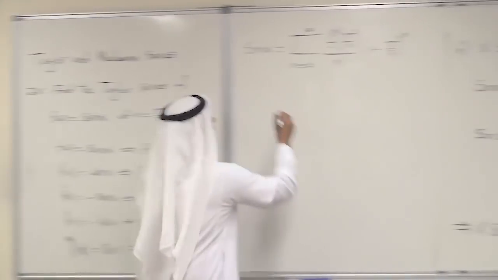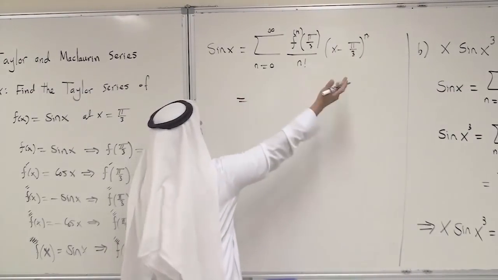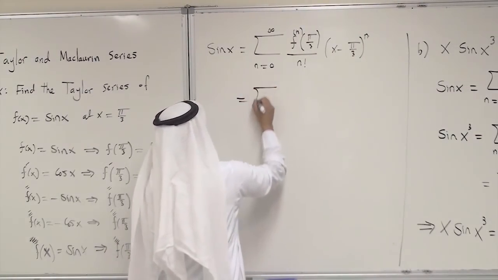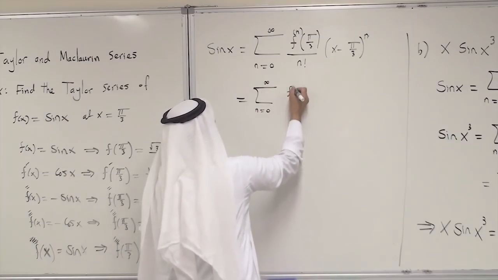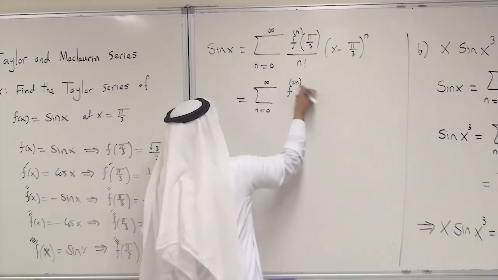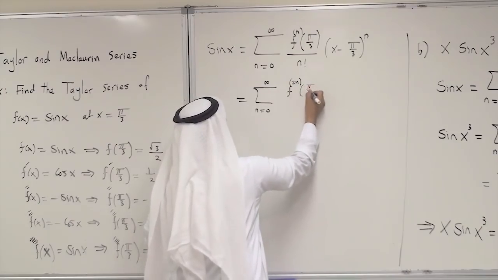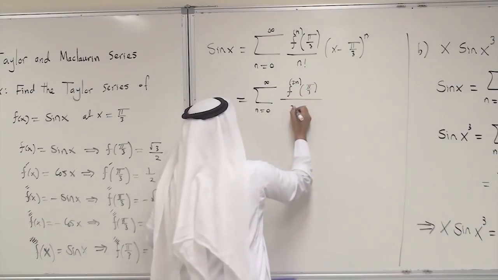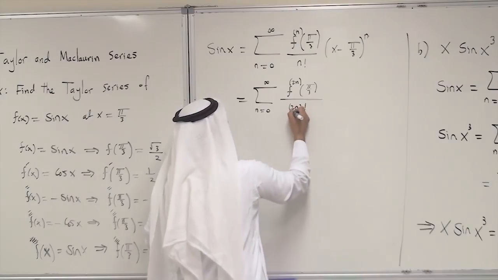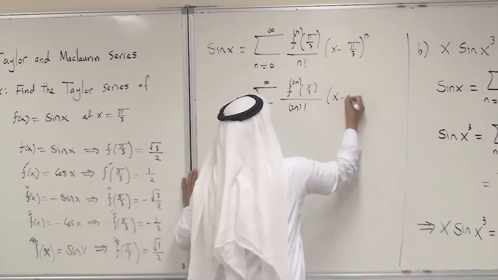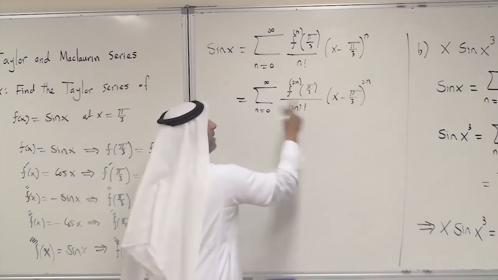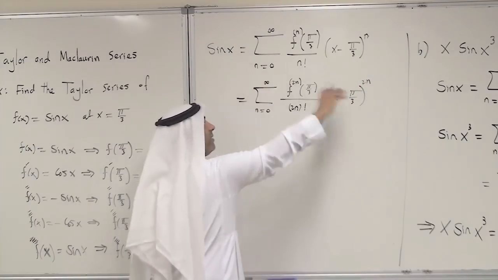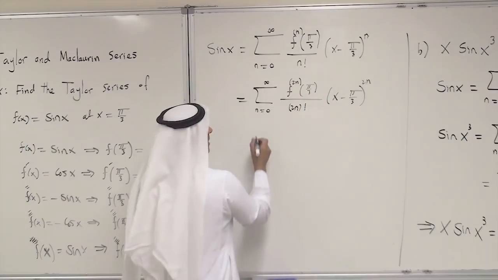So it's always possible to rewrite this as the sum from n equal to 0 up to infinity. I will take first the even terms: f of 2n at pi over 3, over 2n factorial, taking the even index as 2n, so this will involve all even powers of x minus pi over 3.